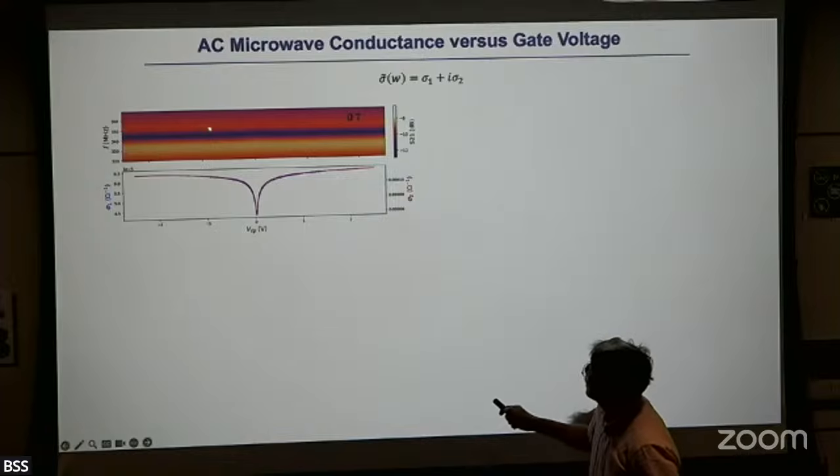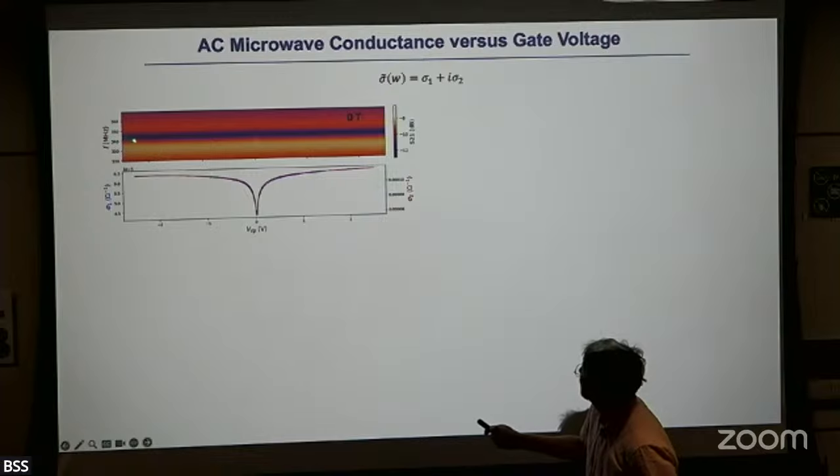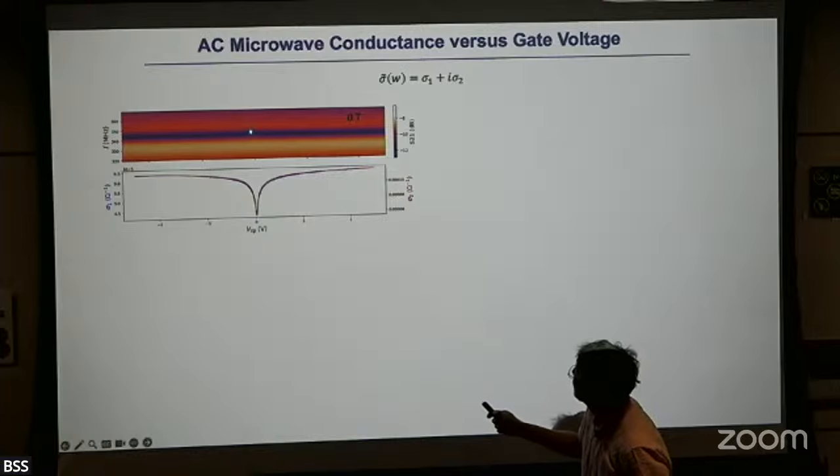There's a resonance there, and note that this is zero magnetic field. I sweep the gate voltage, my Dirac point is somewhere there, and you can see some minute changes of the resonance frequency as well as the width.